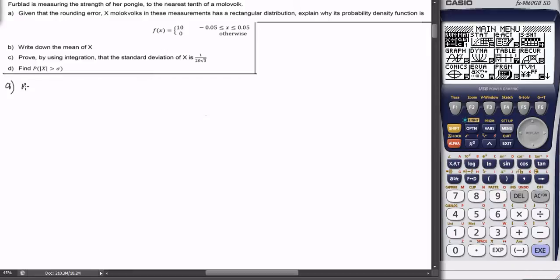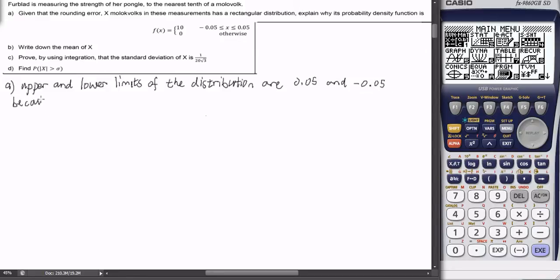So the upper and lower limits of the distribution are 0.05 and minus 0.05 because these are the maximum and minimum of the rounding error.